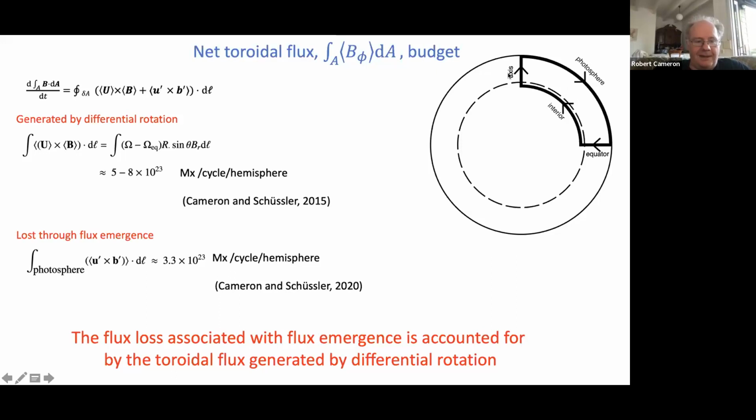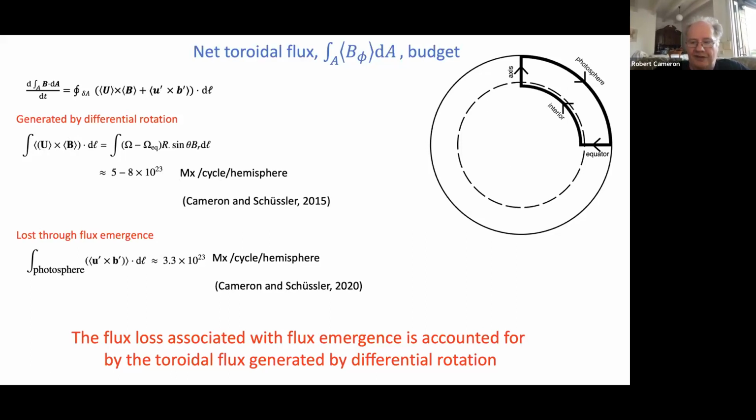I'm going to show in the next part of the talk that the amount generated by the differential rotation is about 5 to 8 times 10 to the 23 Maxwells per hemisphere. And this is generated by the axisymmetric velocity field and the axisymmetric magnetic fields.